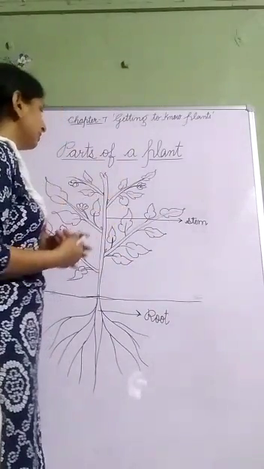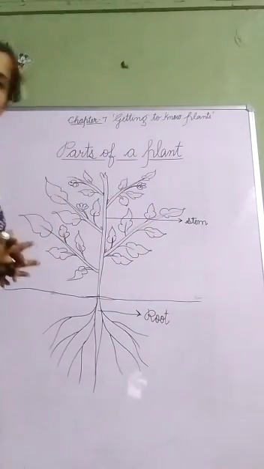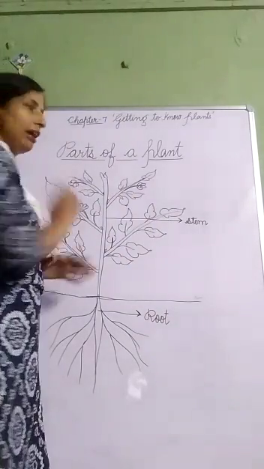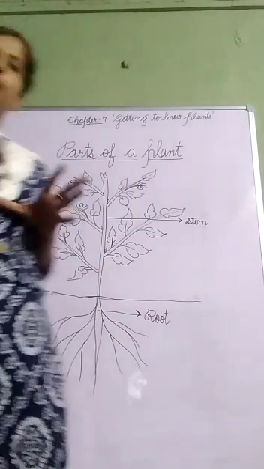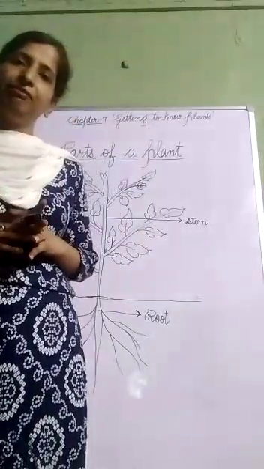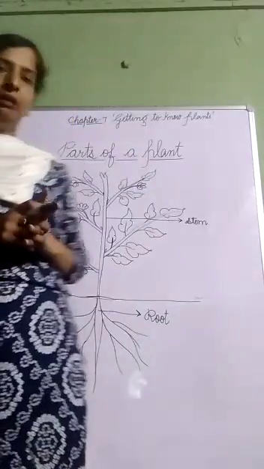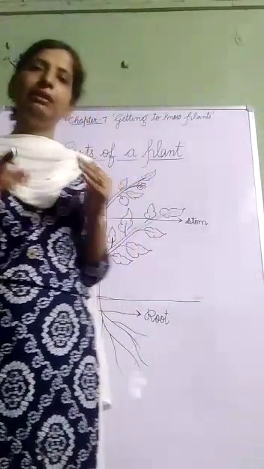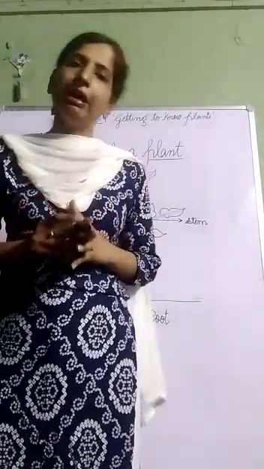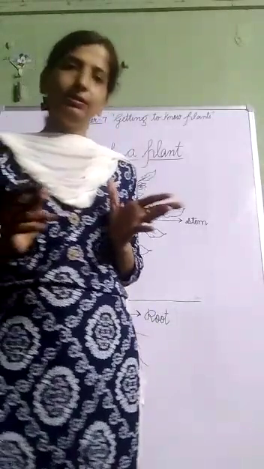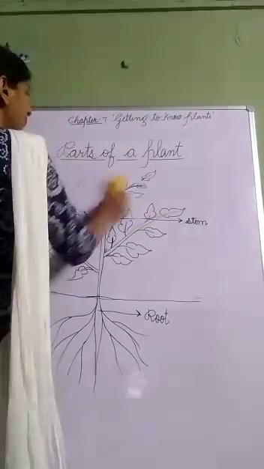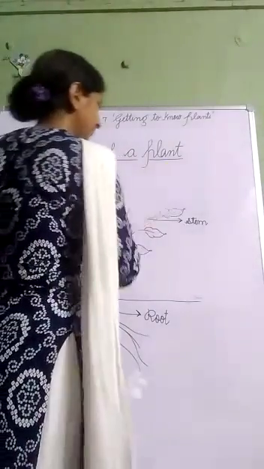Now let's come to the other important part of a plant, and that is flower. The most beautiful part of a plant is flower. Flower is the reproductive part of a plant. So today we will discuss the parts of a flower in detail. Right? So today you will learn about the parts of a flower.